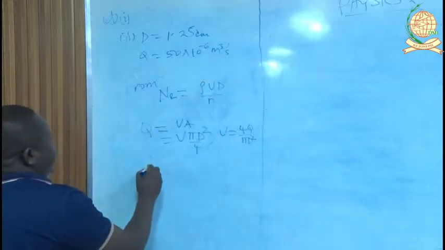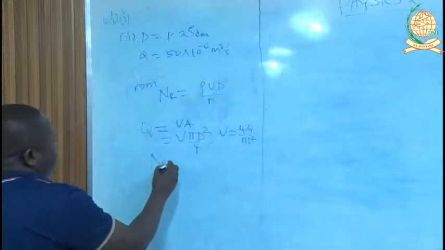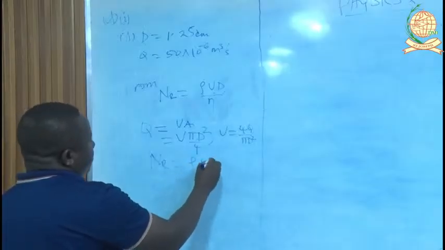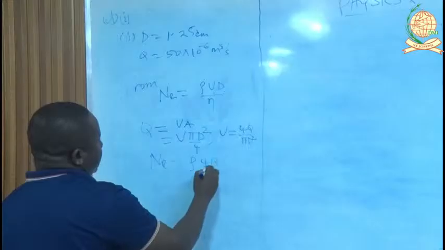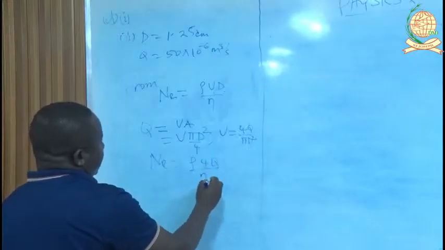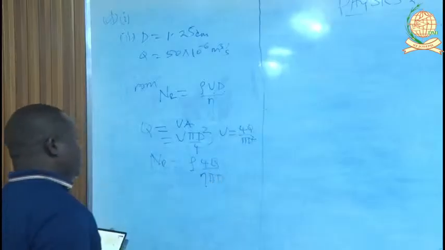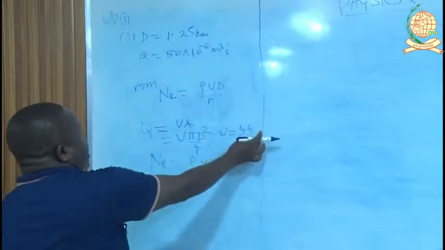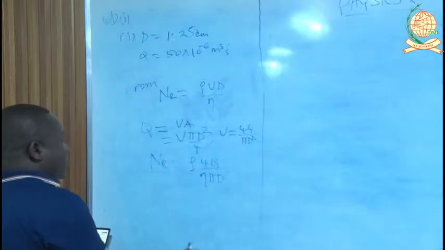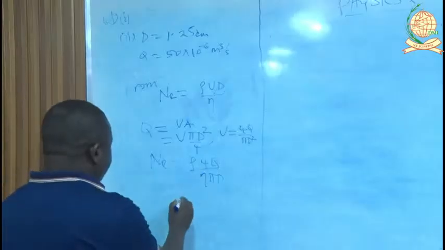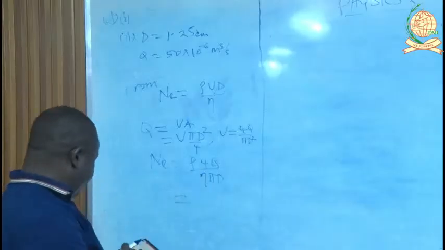If you plug into the formula, this will be density times 4Q over eta pi d. The other d cancels with one of the d in d squared, and you remain with this. So here I can substitute and get the number.